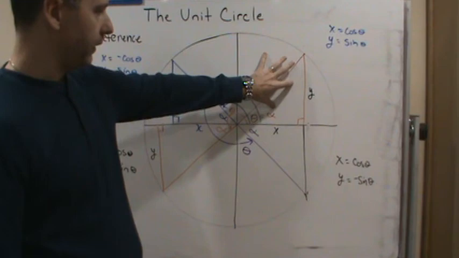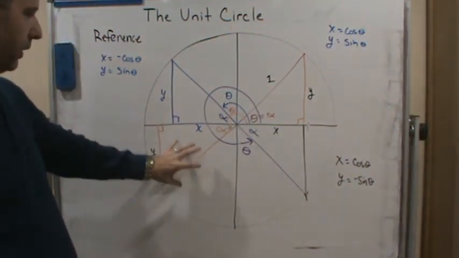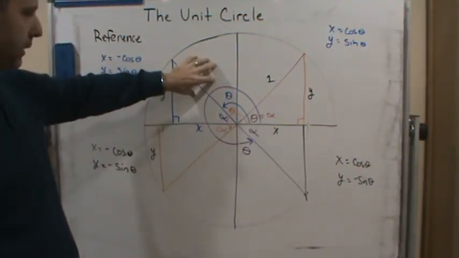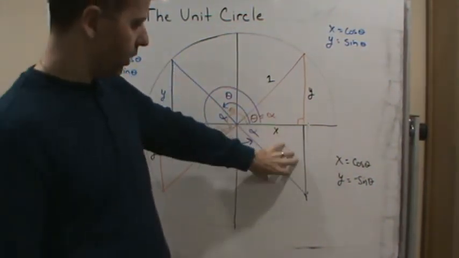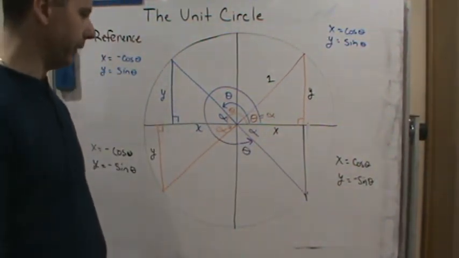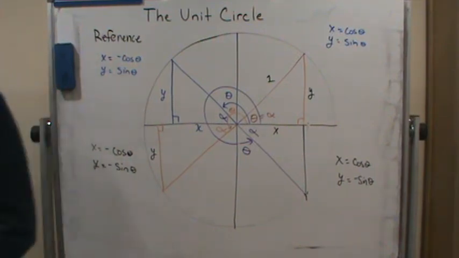So both positive in the first quadrant, both negative in the third quadrant, opposite signs in the second and fourth. That's really all you need to remember when you're dealing with reference angles.